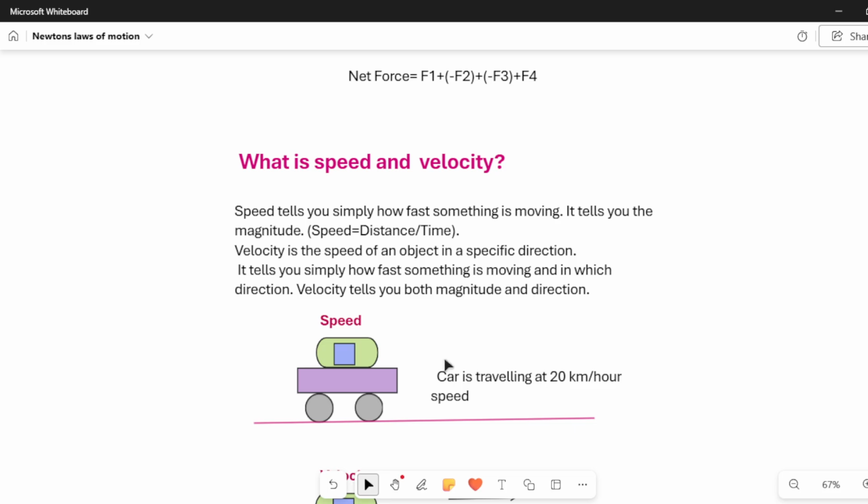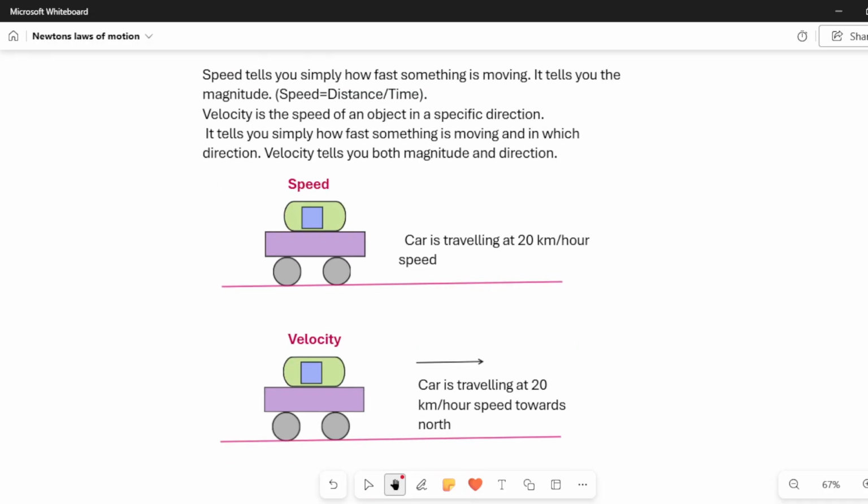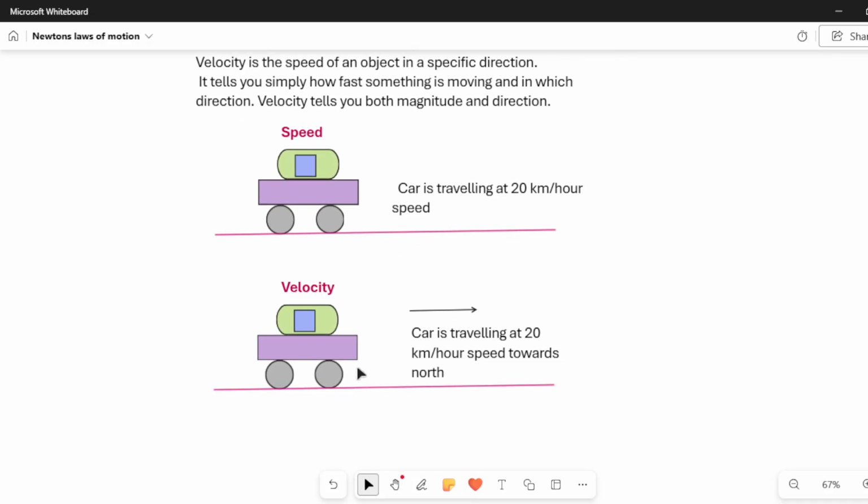Along with the magnitude, it also gives us the direction. So velocity simply tells you how fast something is moving and in which direction. For example, the car is traveling at 20 kilometers per hour speed towards north. So I am giving even the direction when we mention velocity. That is the difference between speed and velocity.